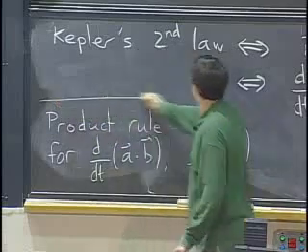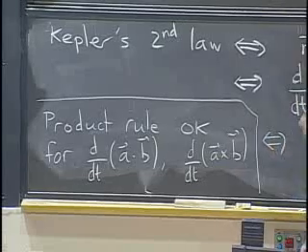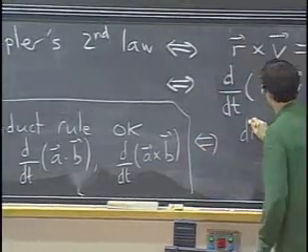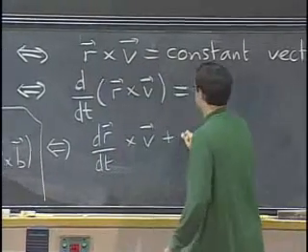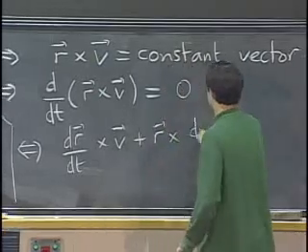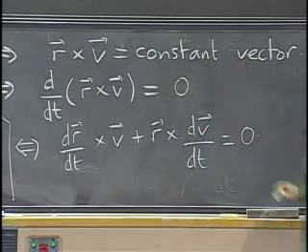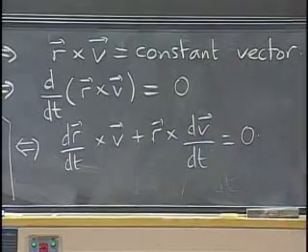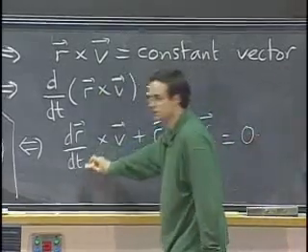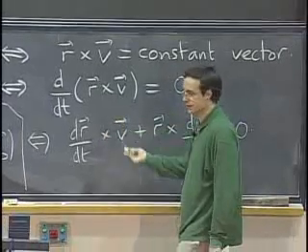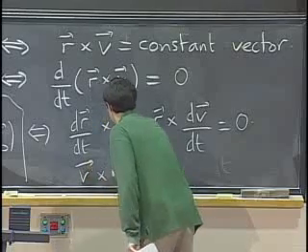Okay, so now that we know that, we can write this as dr/dt cross v plus r cross dv/dt. Well, let's reformulate things slightly. So dr/dt already has a name, in fact. That's v. That's what we call the velocity vector.